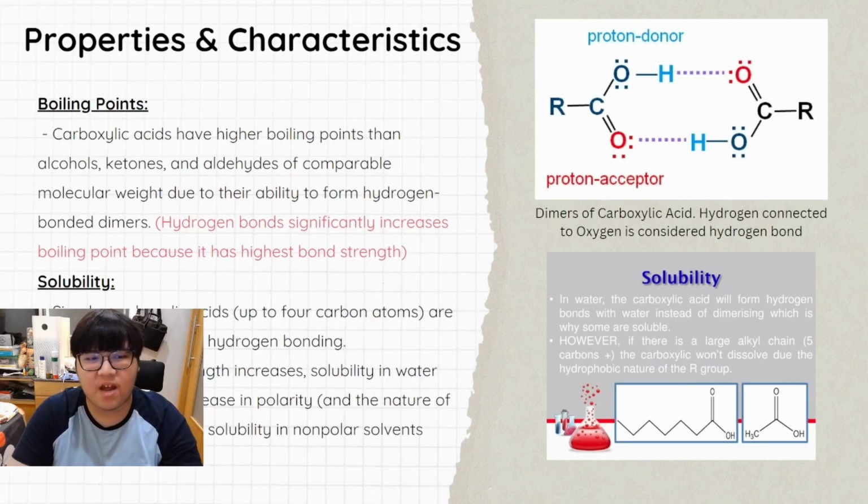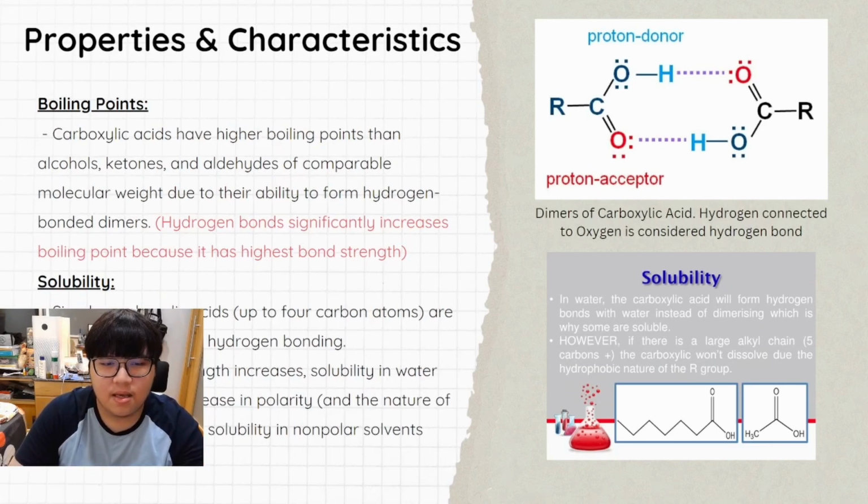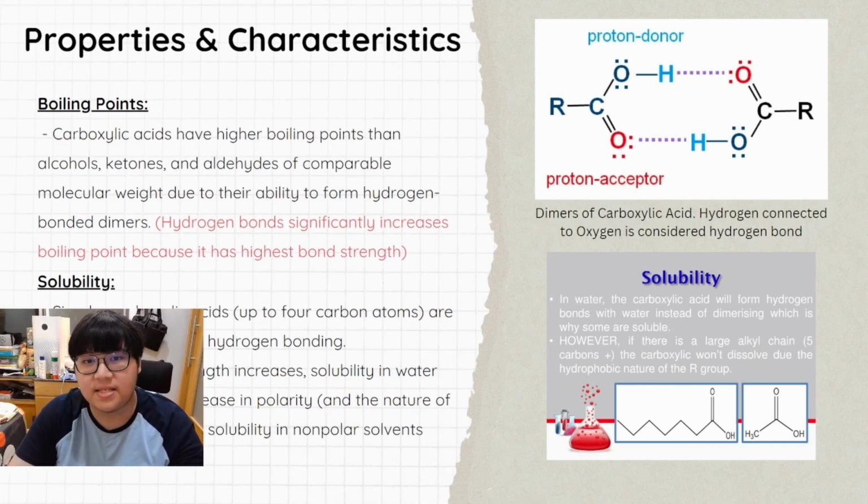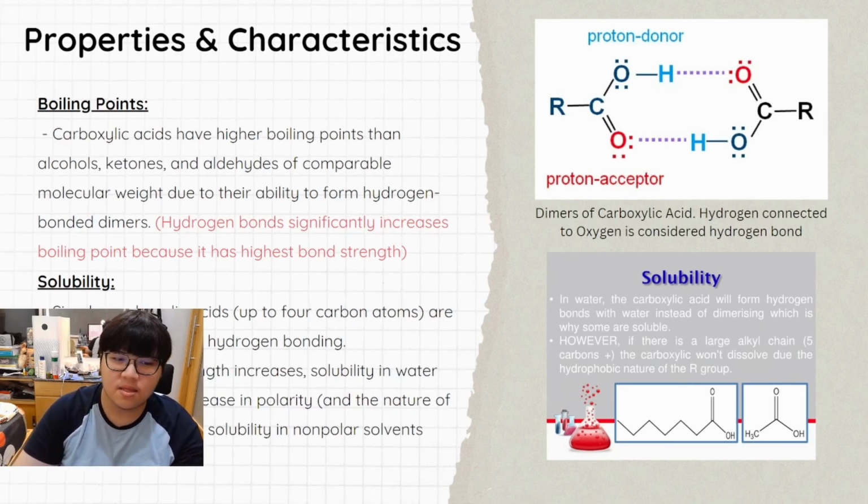The boiling point of carboxylic acid is higher than alcohols, ketones, or aldehydes of comparable molecular weight because of its ability to form hydrogen bonded dimers. Hydrogen bonds significantly increase the boiling point because they usually have the highest bond strength.